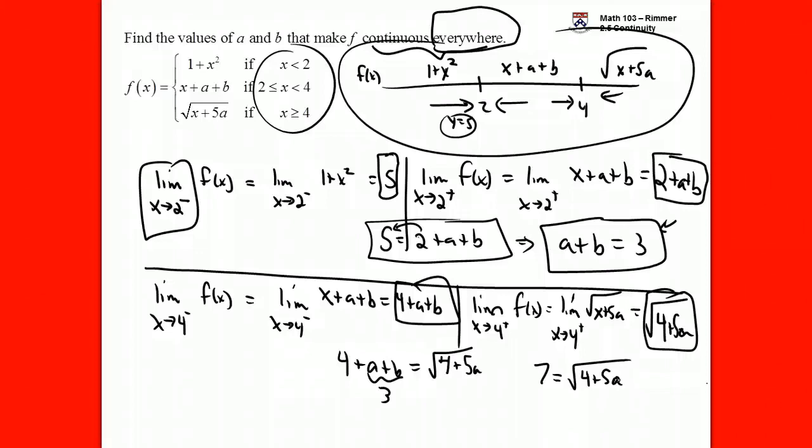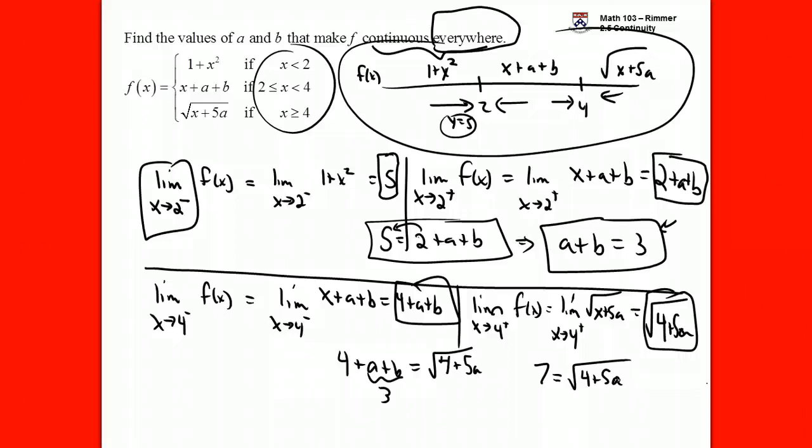All right. So it seems like you get a consensus here. Wonderful. Okay. So what's underneath the root needs to be 49, right? Because the square root of 49 is exactly 7. So 4 plus 5a better be 49, squaring both sides.